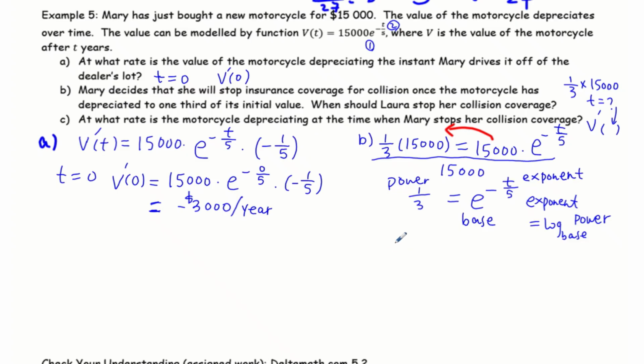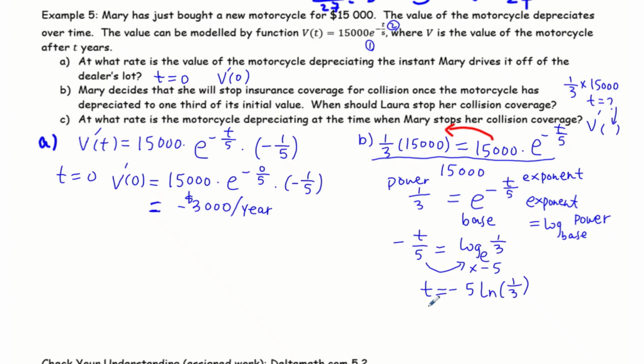So we have negative t over 5 equals log base e of 1/3. And the log base e is just ln. On your calculator, you have that button. To solve for t, we move the negative 5 to the other side, so times negative 5. So t equals negative 5 times ln of 1/3.